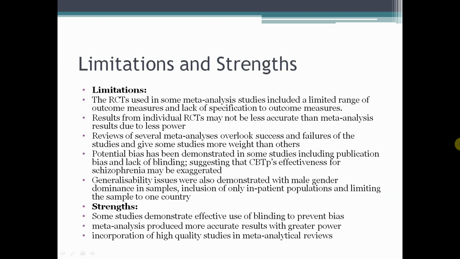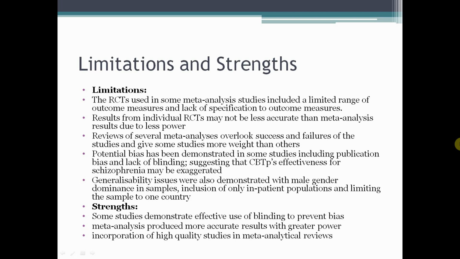Caution needs to be taken when using this research evidence due to the limitations they present. The RCTs used in some meta-analysis studies included a limited range of outcome measures and lack of specification to outcome measures.